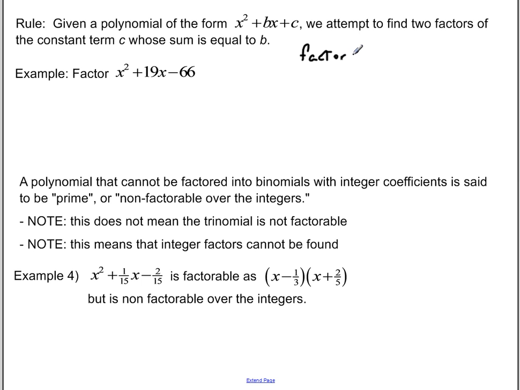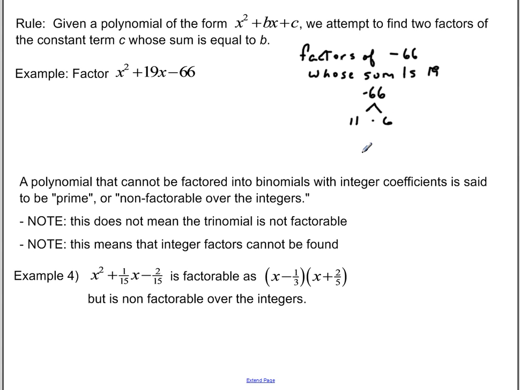Factors of negative 66 whose sum is going to be positive 19. Well, we're going to have to think about this one. Negative 66. What can we do? Negative 66 is the same thing as we could say 11 times 6.